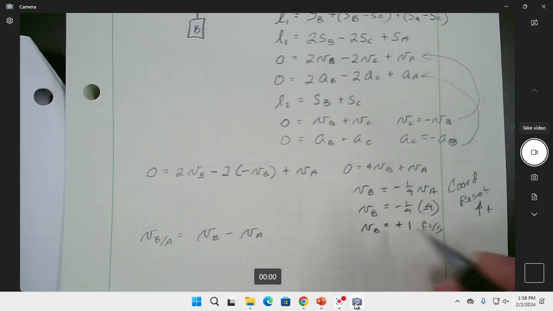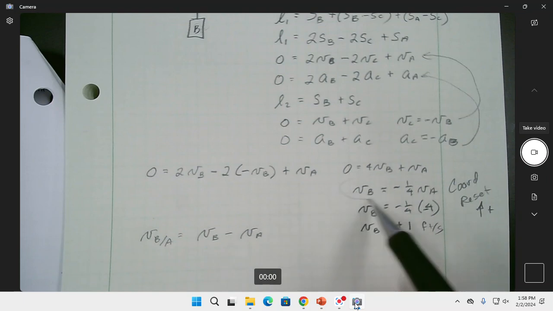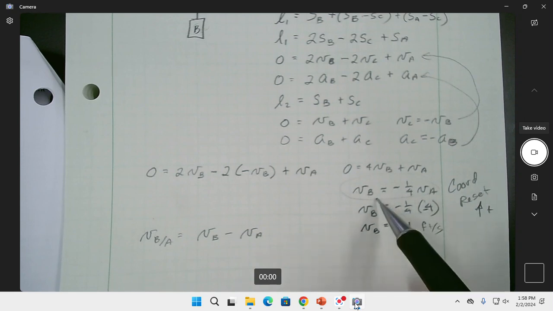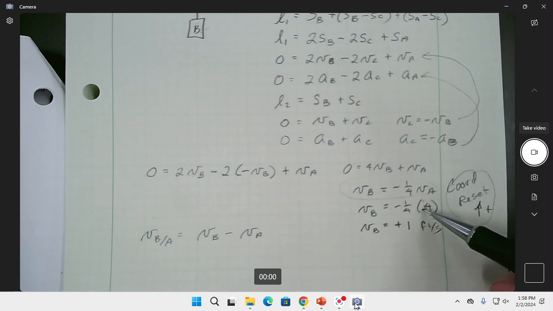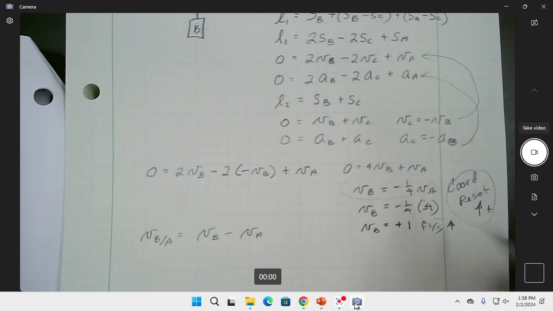And therefore, that VB is going up, right? Because this equation right up here said VB and VA are going in opposite directions, and the VA is 1/4 of what VB is going to be. So that's why I'm saying coordinate reset. I'm going to put a negative 4 in there. So I say that the answer means that that's going to be upwards.